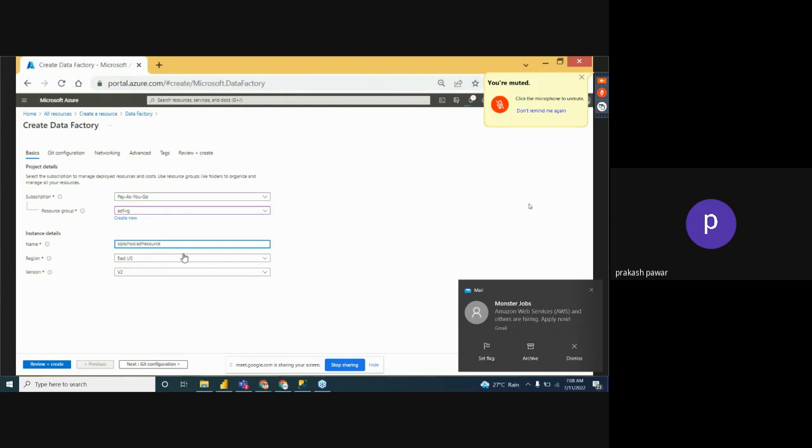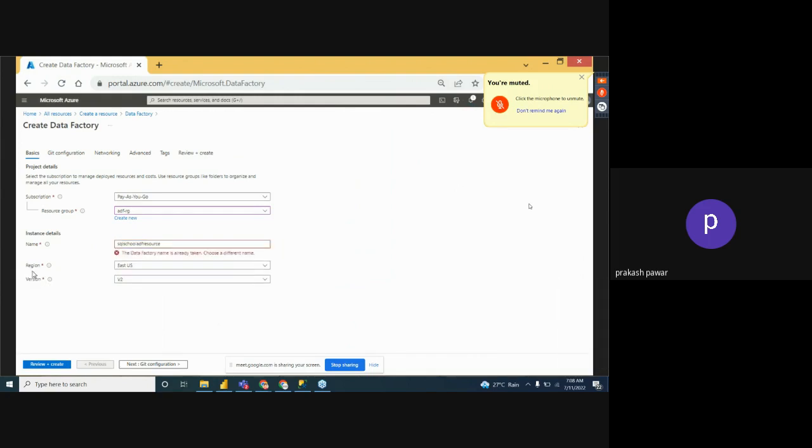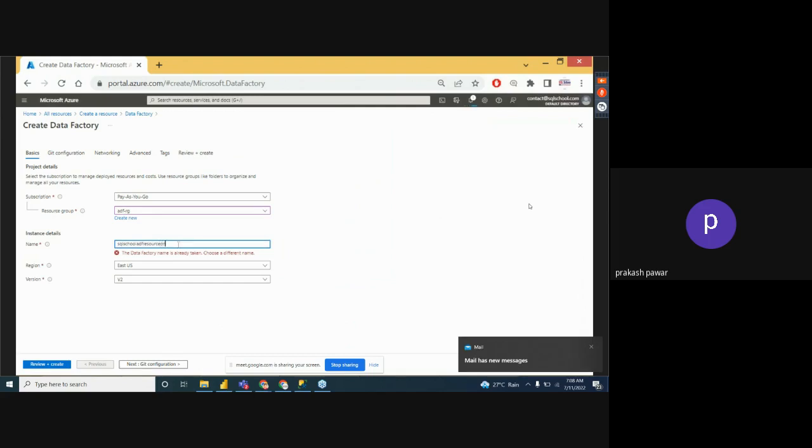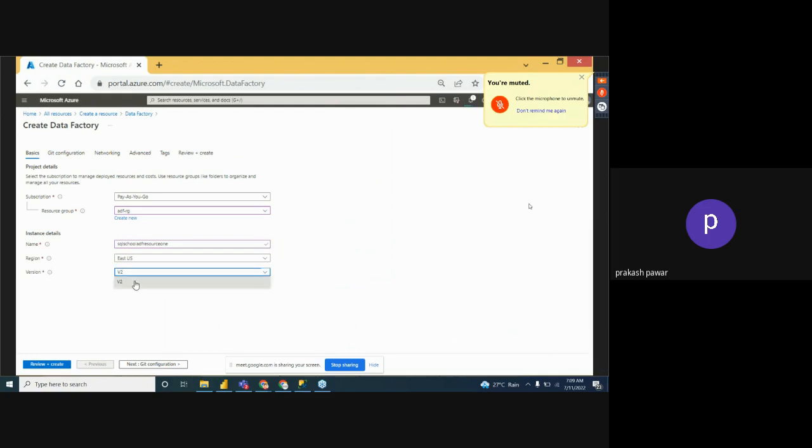Remember, there are two different versions for ADF. One is V1, other one V2. For now, only V2 is available. V1 is deprecated. The difference: in V2, we have Spark clusters.